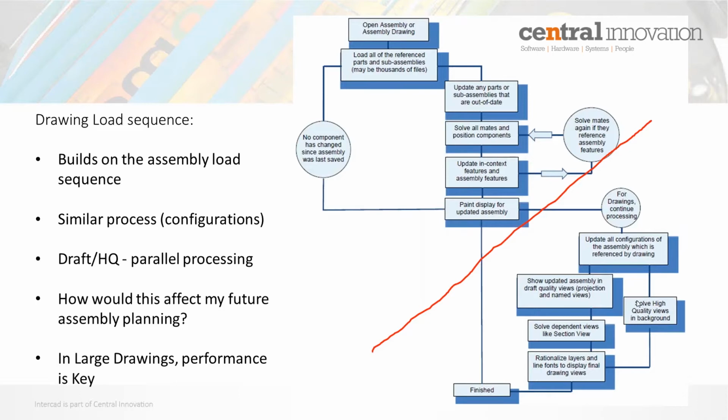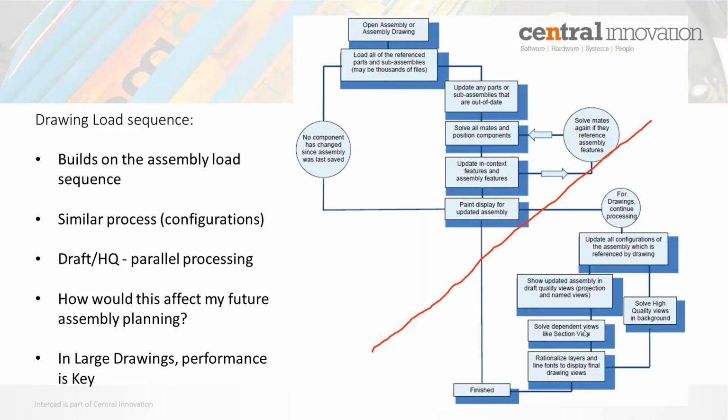The other note to make there is that this requires multiple cores as opposed to hyperthreading. SOLIDWORKS doesn't use hyperthreading. So if you've got 4 physical cores on your CPU, then it will use those 4 physical cores to help update both the draft quality and high quality views.